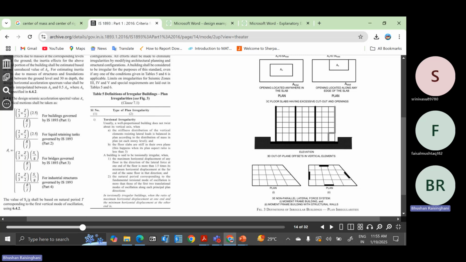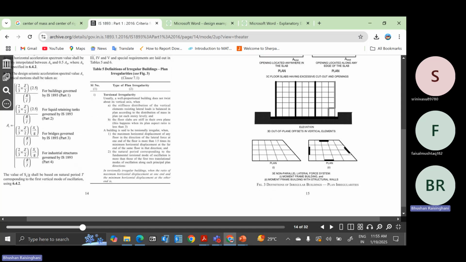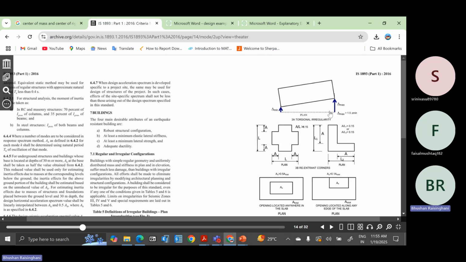What is a well proportioned building versus what is a torsionally irregular building is defined in the subsequent clauses: a building is said to be torsionally irregular when the maximum horizontal displacement of any floor in the direction of the lateral force at one end of the floor is more than 1.5 times its minimum horizontal displacement at the far end of the same floor in that direction. So they have also shown a diagram here. Hope the diagram is visible.